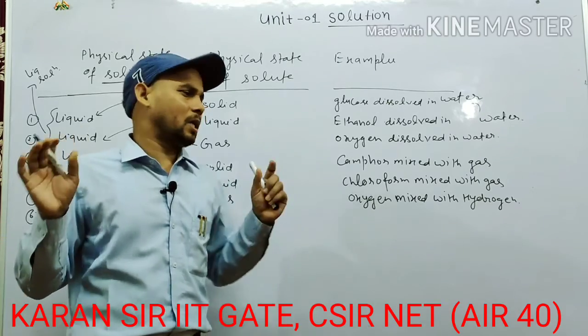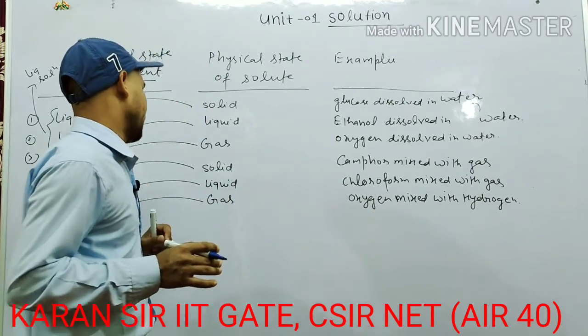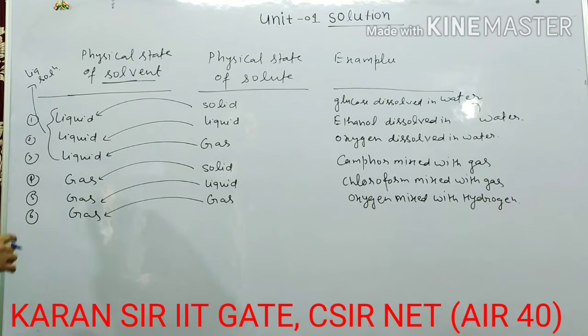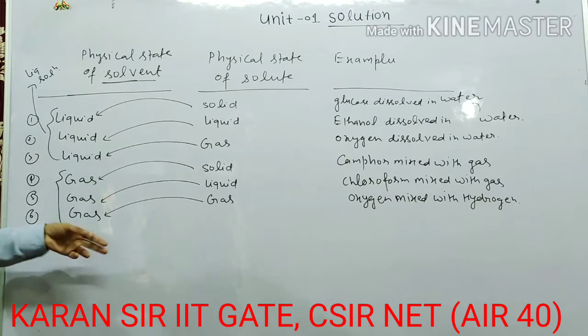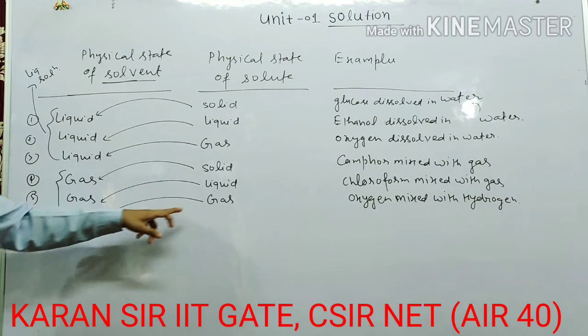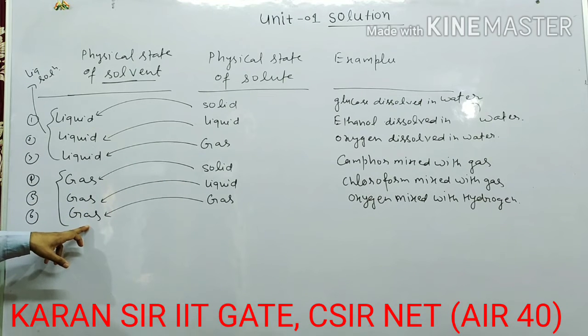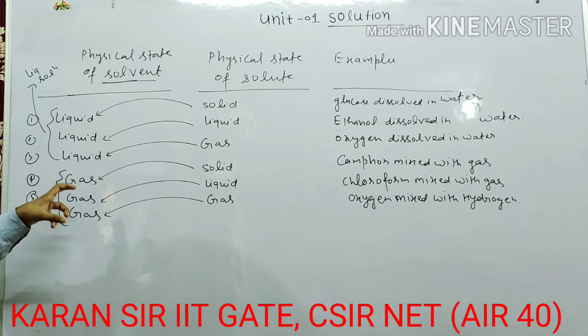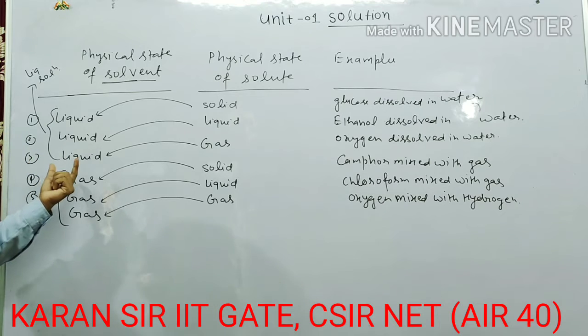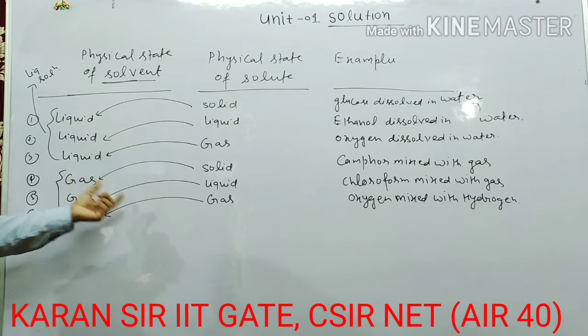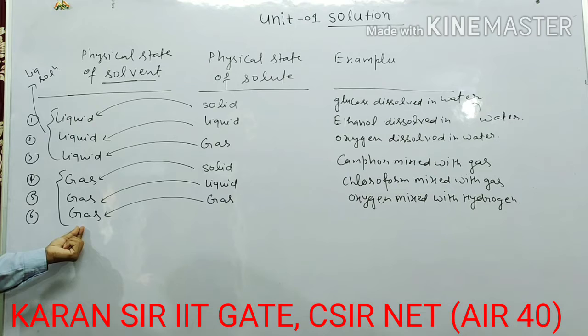So there are many examples of gas in gas, and all these solutions are known as the gaseous solutions. Solid in gas, gaseous solution. Liquid in gas, gaseous solution. Gas in gas, gaseous solution. That is the types of solution decided by the state of solvent. If the solvent is in the liquid state, it is the liquid solution. Solvent is in the gaseous state, it is the gaseous solution.